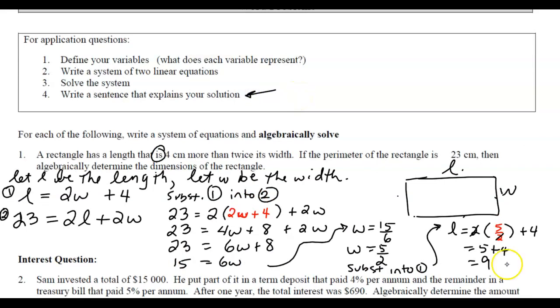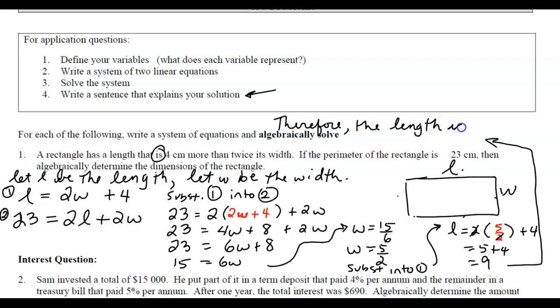So I'm kind of running out of space. I'm going to go up top here. Okay, and so I often use the word therefore. The length is 9, and look back what units, centimeters.